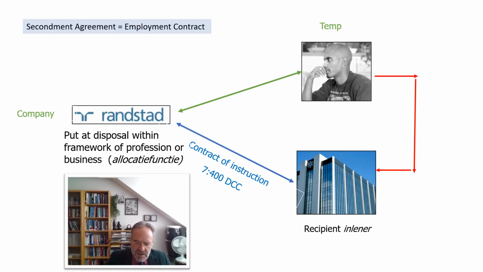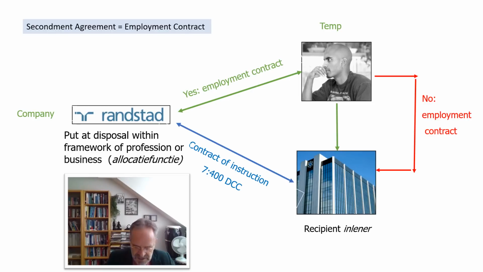Now, the company for whom the temp works is called the recipient, and the temp does not have an employment contract with the recipient. As said, the temp has an employment contract with the temp agency.